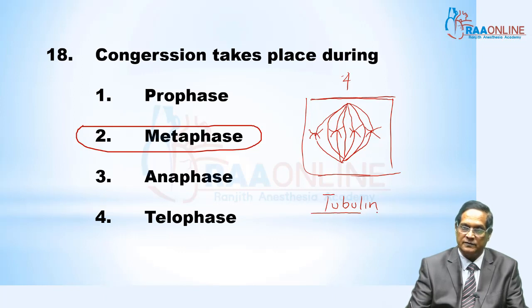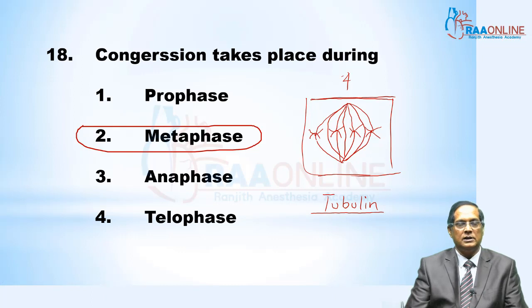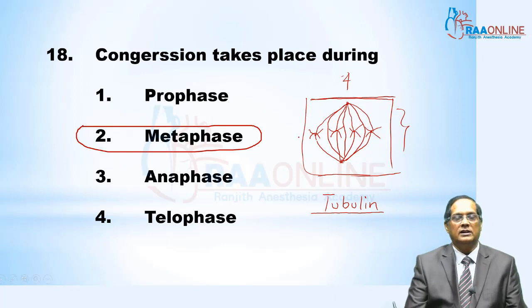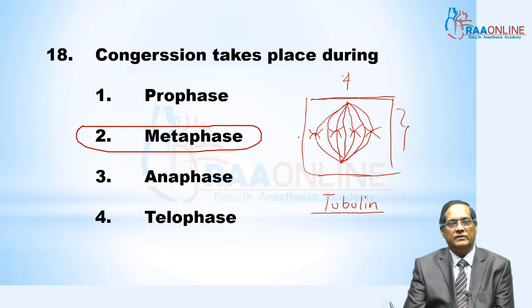For the formation of a spindle, tubulin protein is needed because spindle is made up of microtubules and microtubules are made up of tubulin protein. This fibrous structure is spindle-like because it is thin on both ends and thick at the center. So the shape is actually spindle shape.